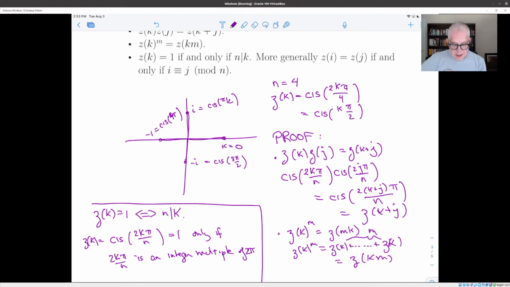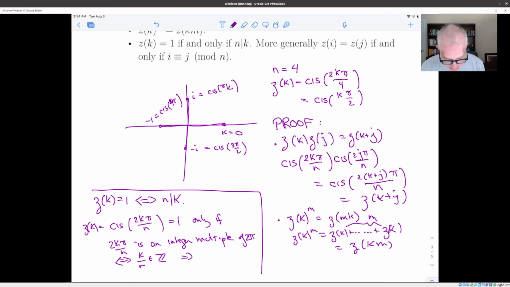Because in order for this angle to correspond to 0, you have to go around an integer number of times times 2 pi, and that's only going to happen if k over n is an integer. And k over n being an integer is the same thing as saying that k is a multiple of n, in other words, that n divides k.